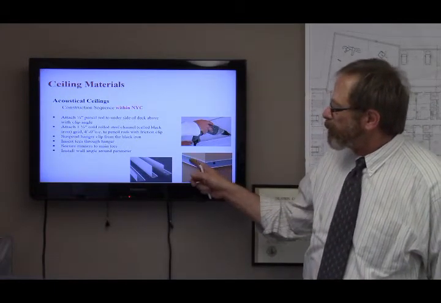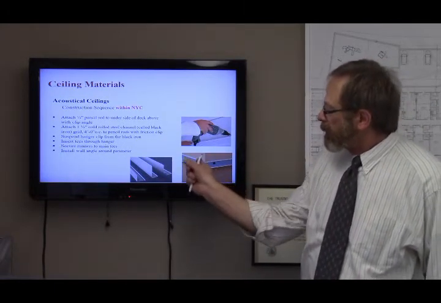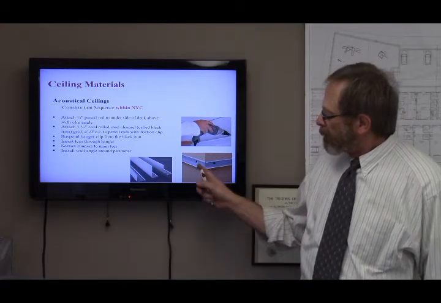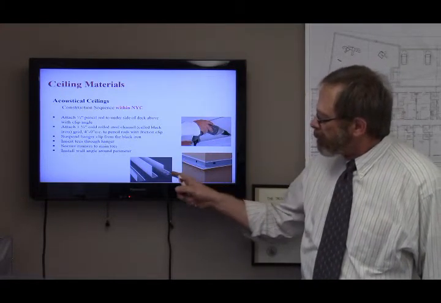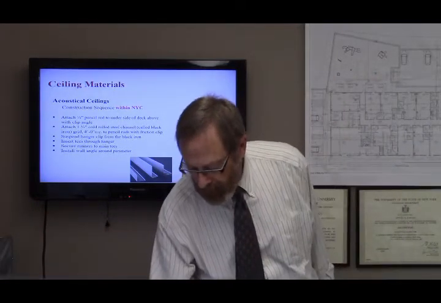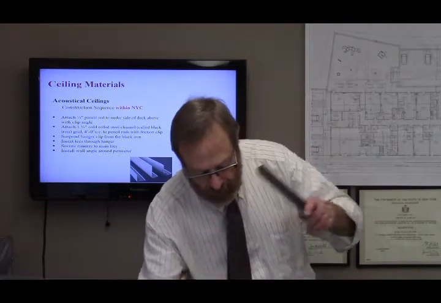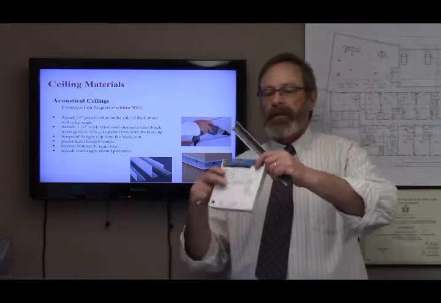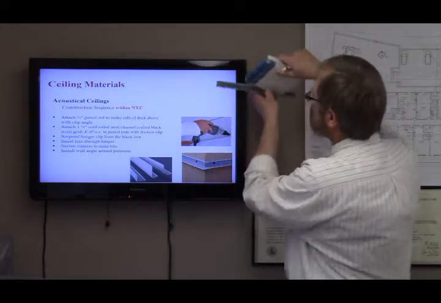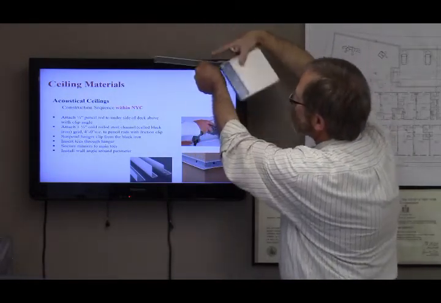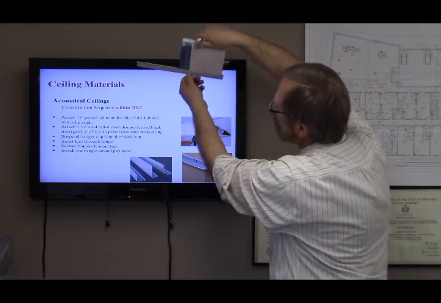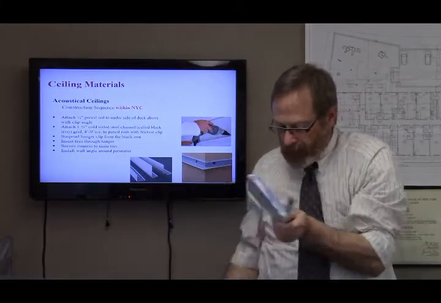Again, at the perimeter we still have a wall angle attached to the partition, and the bottom leg of that wall angle is where the bottom of the acoustical ceiling tile will sit, just like that. So here's my wall, I've attached it to my wall, and then that ceiling tile will just sit on top of it.